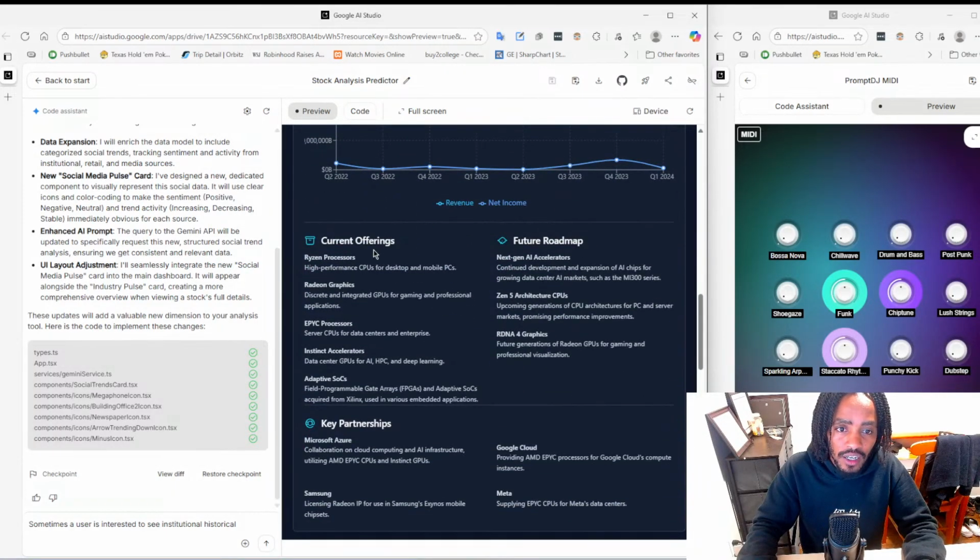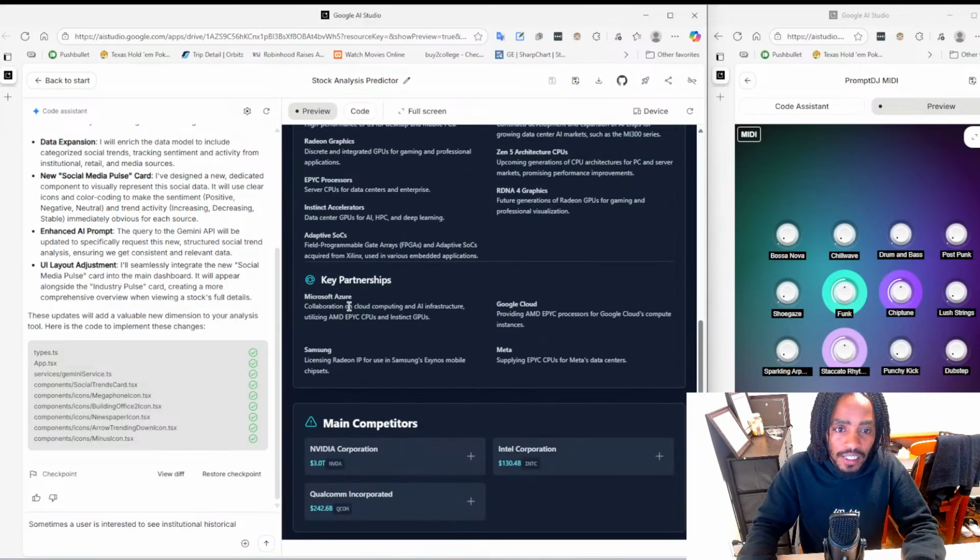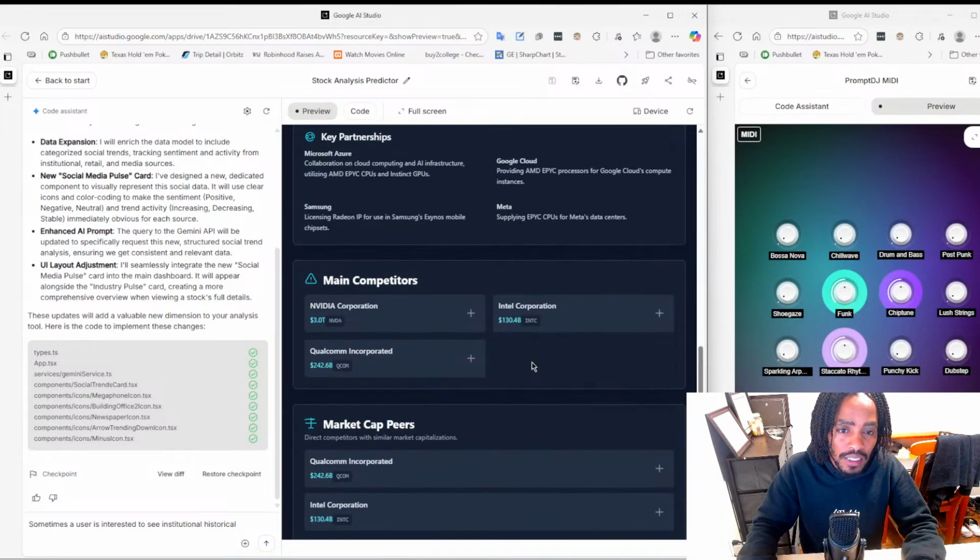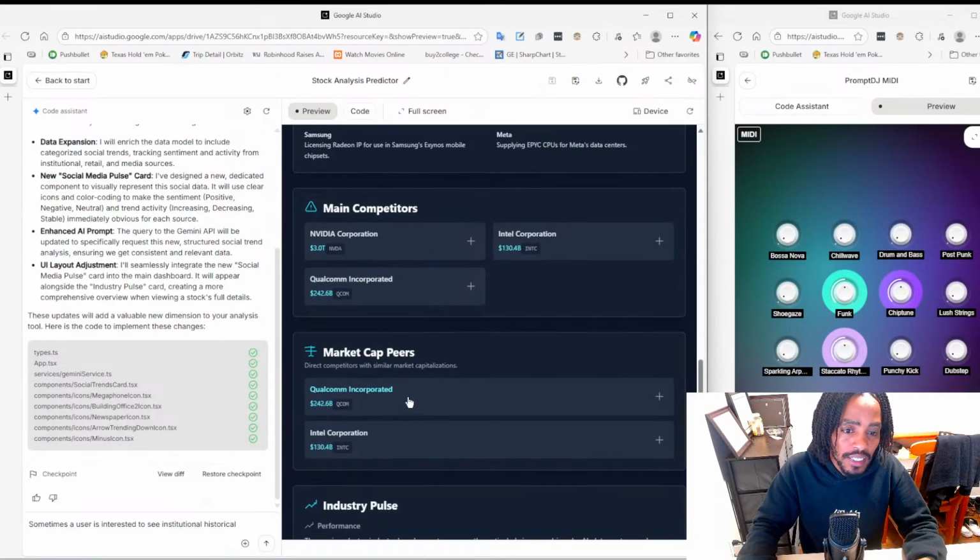You've got what they currently offer and what they plan to offer in the future. Key partnerships like Microsoft Azure, Samsung, Google Cloud, Meta, and then main competitors: Nvidia, Intel, Qualcomm, and their market cap peers.